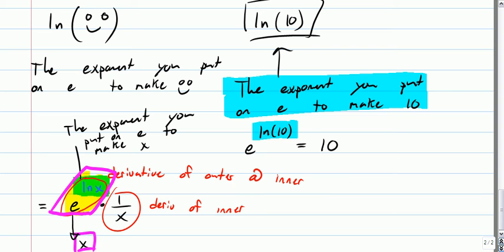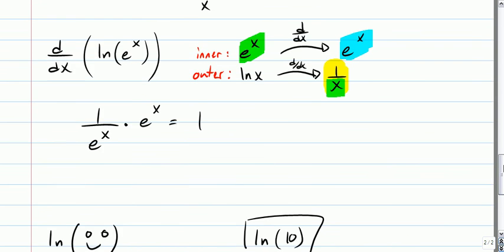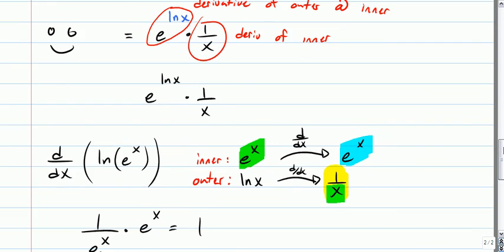So you've got x multiplied by 1 over x, and that's just 1. So the answer from the first one we did is simplified as well. That was just 1. So both of those are 1.